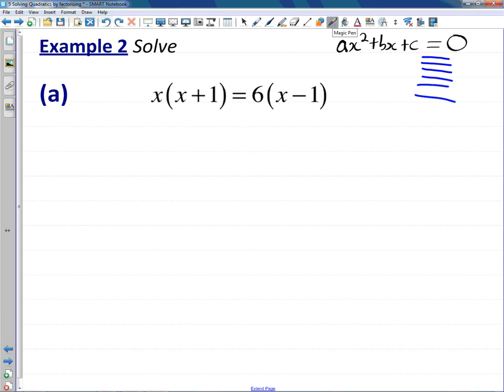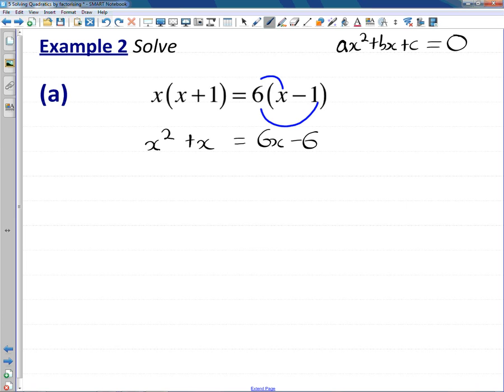So clearly at the moment we're quite far away from that. So what we want to do first is expand our brackets. And now we're going to aim to get everything onto one side and leave 0 on the other side.